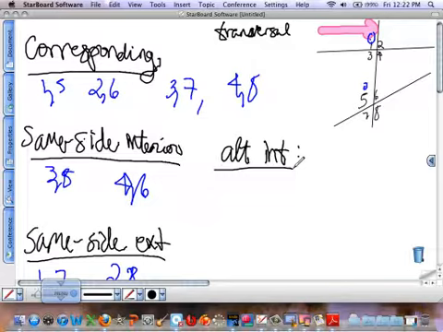On the inside. So where are my alternate interior angles? Luke? 3 and 6, perfect. How many alternate interiors do we have? Well, we have 4 interior angles, but how many pairs of alternate interior? 2 pairs. So 3 and 6, and then 4 and 5. Good job.